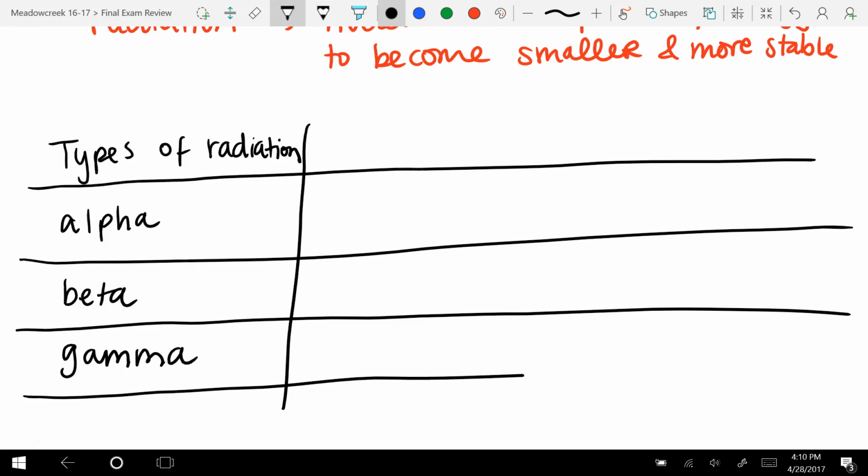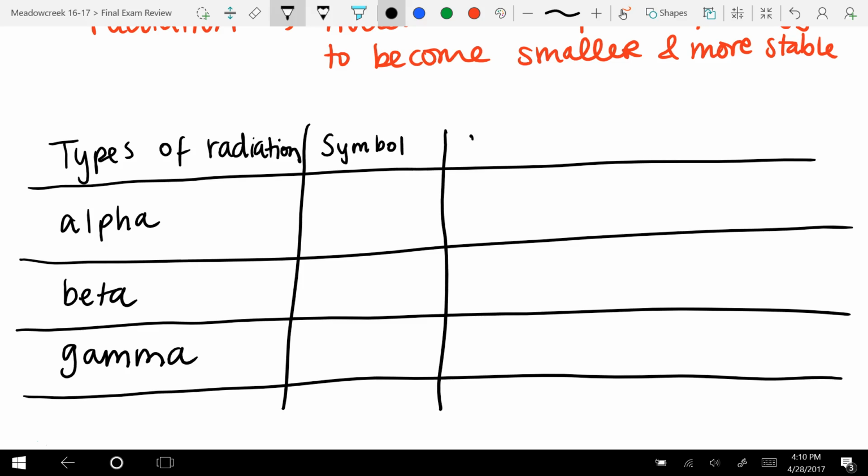Now, you should remember these from physical science. Also, you should remember them from learning them back in August and September. So, with alpha, beta, gamma, they have a particular symbol.